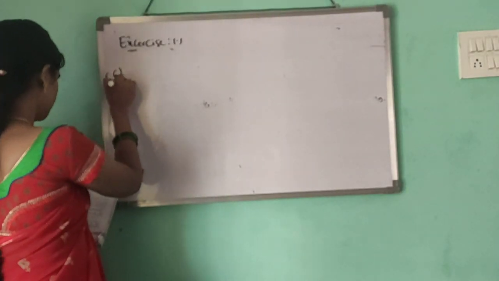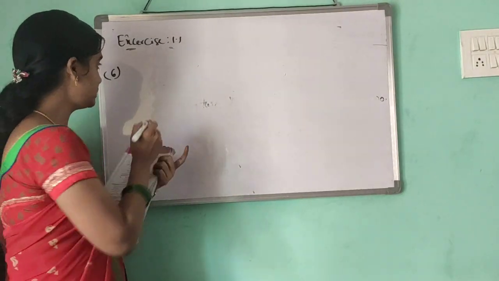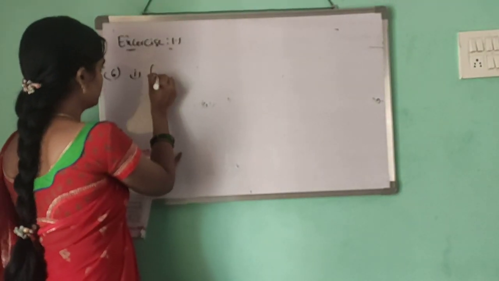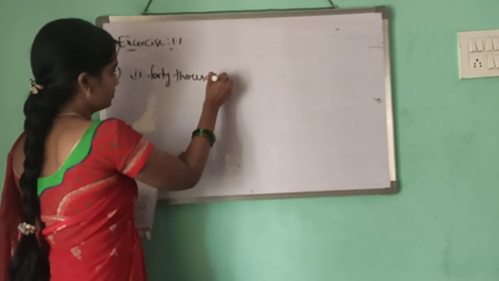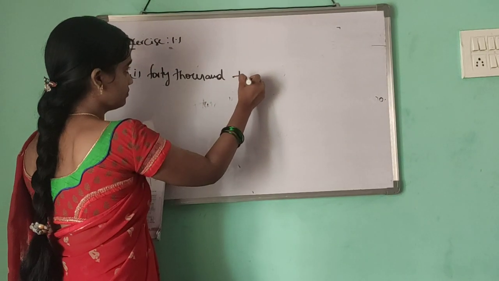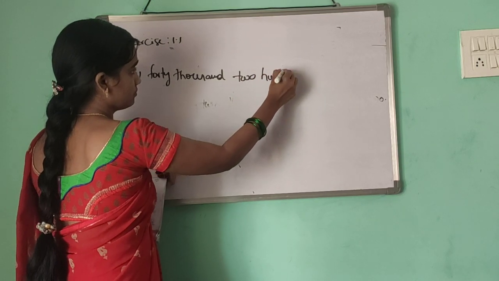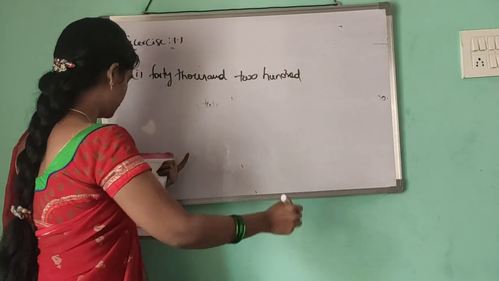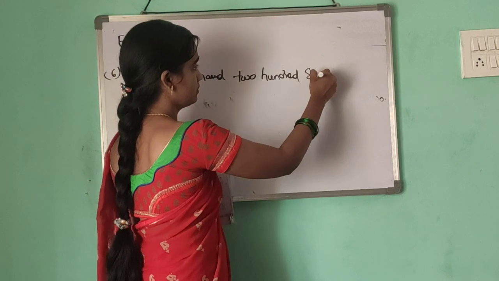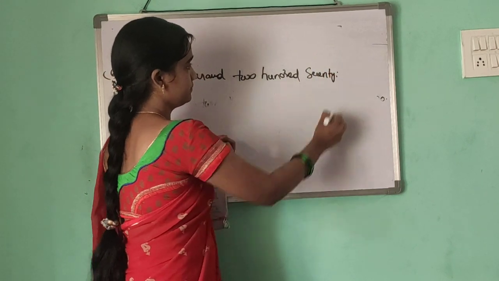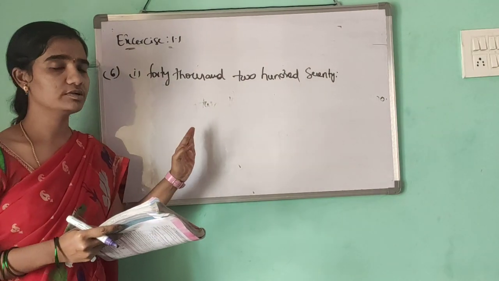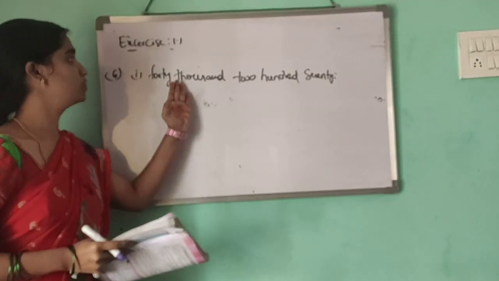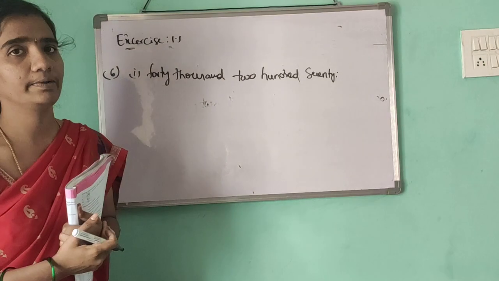Go to the 6th one. Here 40 first, 40,000, 270. Previously we wrote numbers in words. Here it is words in numbers. How can we write?